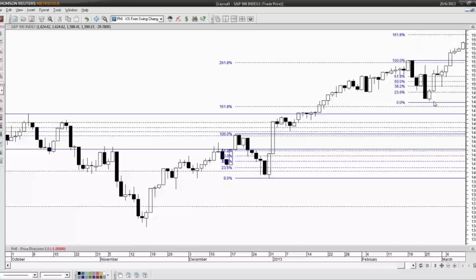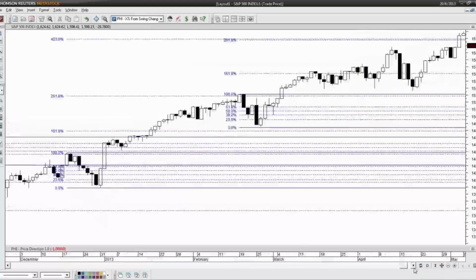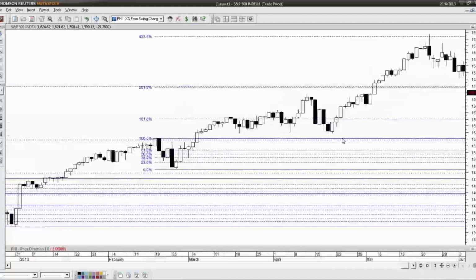And when it reaches the 161, look again what happens. The market corrects, and then it reaches the 261, and look at where the market finally found a top, at the 423.6 of that movement, yes?